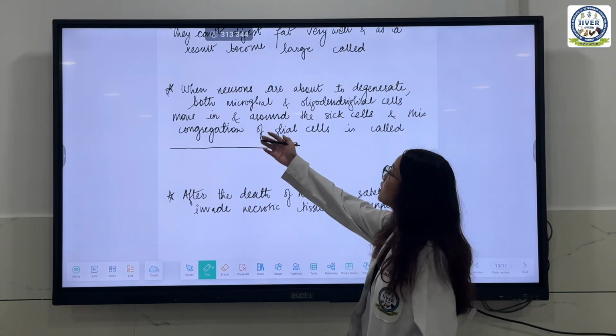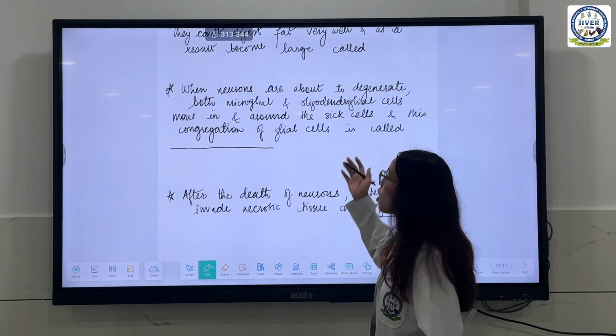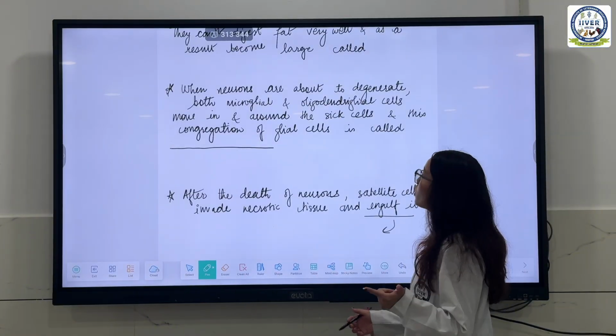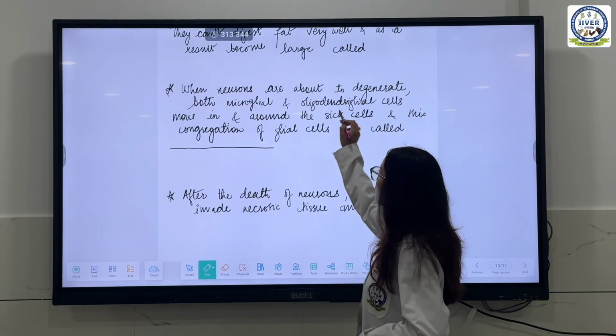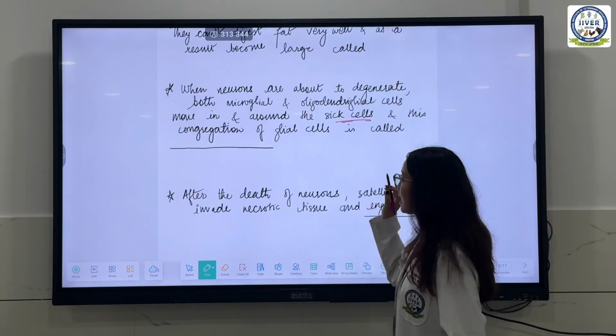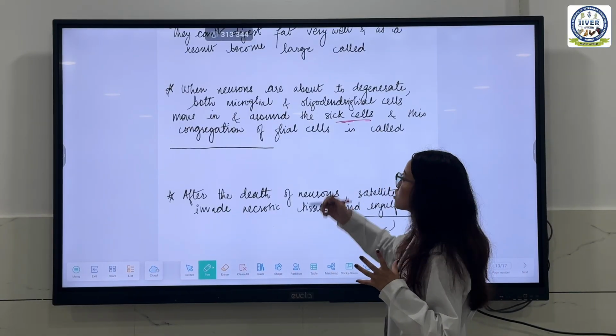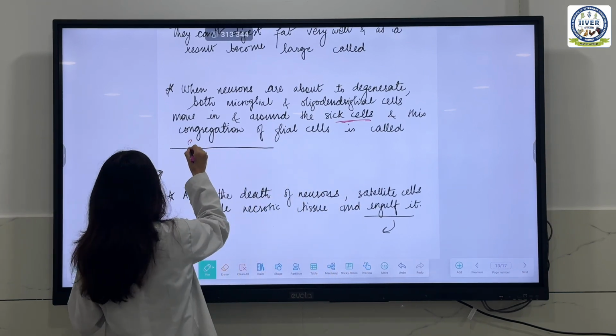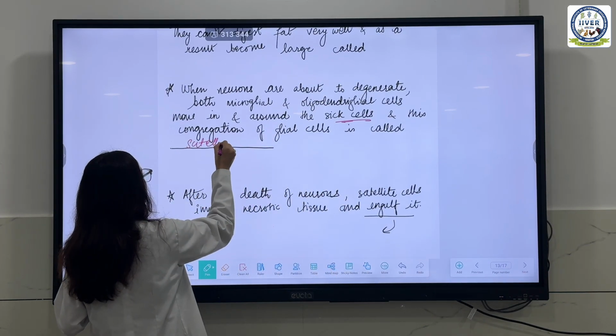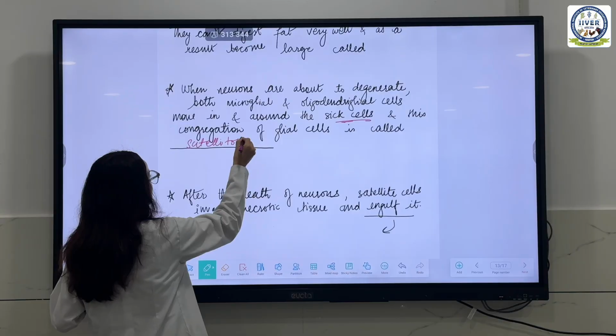Now, when neurons are about to degenerate, both microglia as well as oligodendroglial cells move in and around the cells. This congregation, meaning the collection of these glial cells, is called satellitosis.